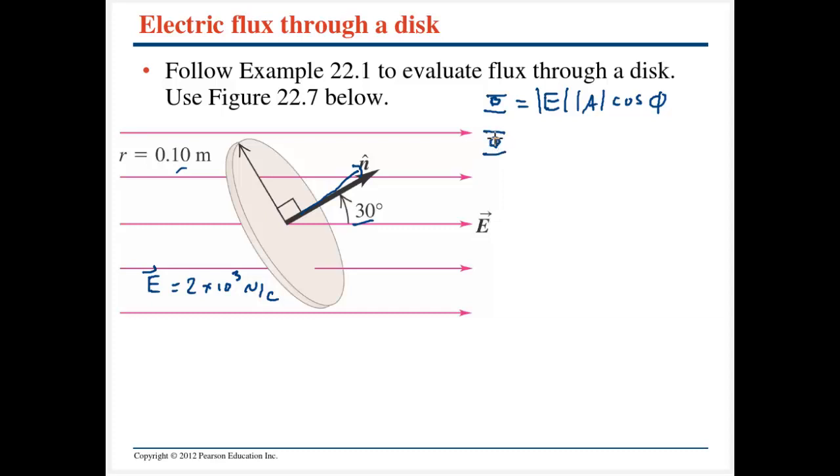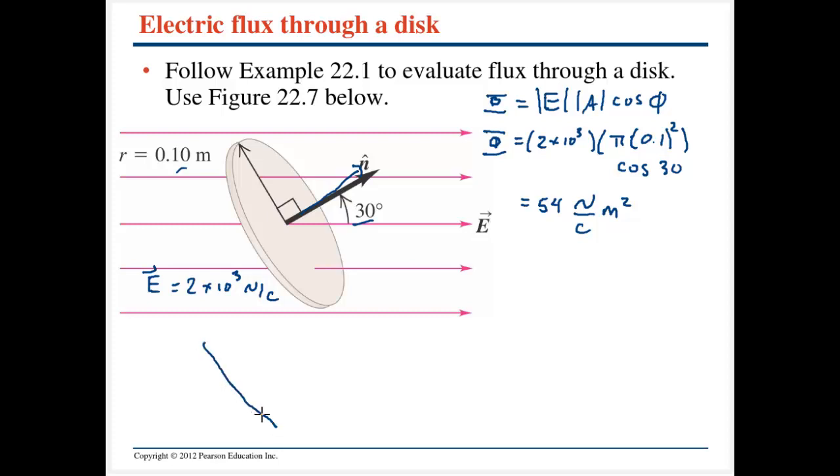And so simply we're going to write the flux is going to be the electric field, 2 times 10 to the third newtons per coulomb. The area is going to be the area of a disk, pi r squared, so pi times 0.1 squared. And then cosine of 30, and we're going to get 54 newtons per coulomb meters squared: newtons per coulomb from the electric field, meters squared from the area.